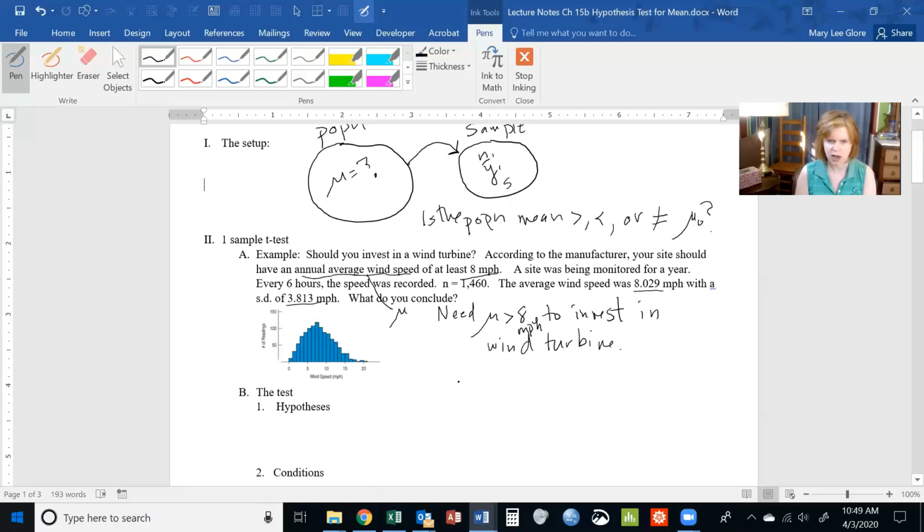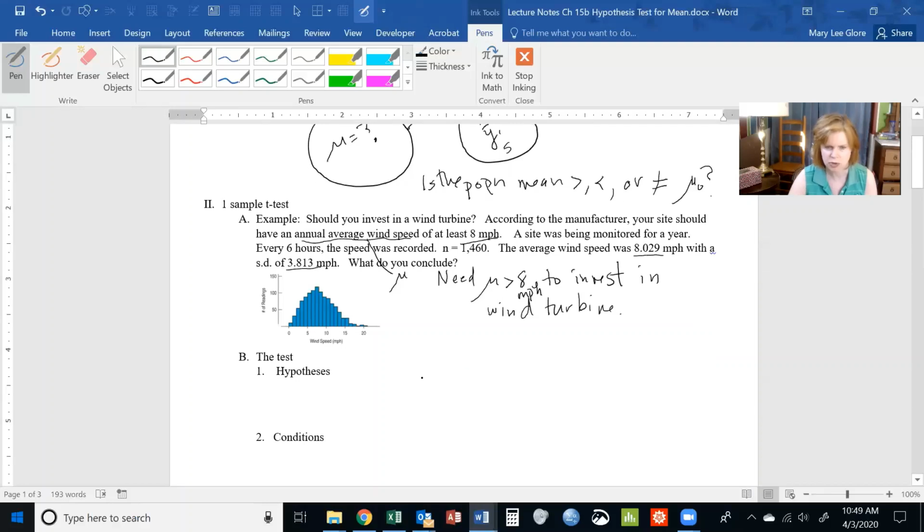My hypotheses: we did this before with proportions, now we're doing it with means. The same thing is going to be true here. I'm going to have a null hypothesis, which I call H0, and this is going to be some equality. Then I'm going to have an alternate hypothesis, and this is going to be some inequality. The population parameter we're interested in here is mu.